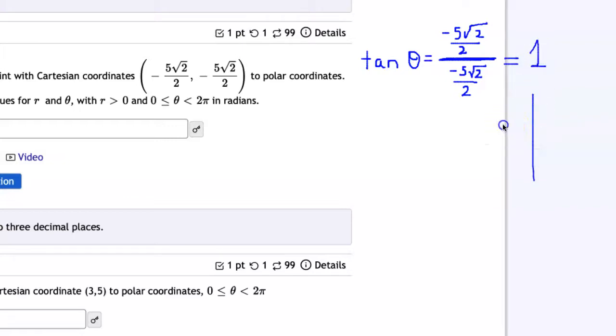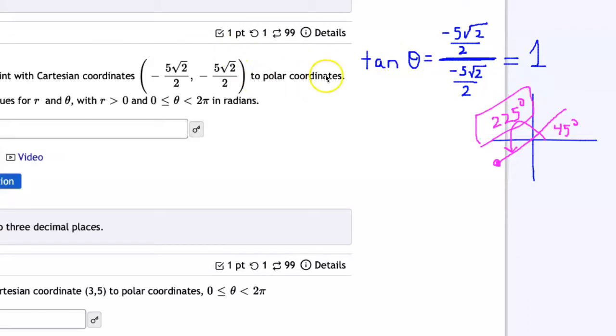And in the third quadrant, we do have an angle with a tangent value of 1, both in the first quadrant and in the third quadrant: the 45 degree angle and also the 225 degree angle. Both of these have a tangent value of 1. So since we are in the third quadrant, we are going to be selecting the 225 degree angle, unless we wanted to use a negative radius.